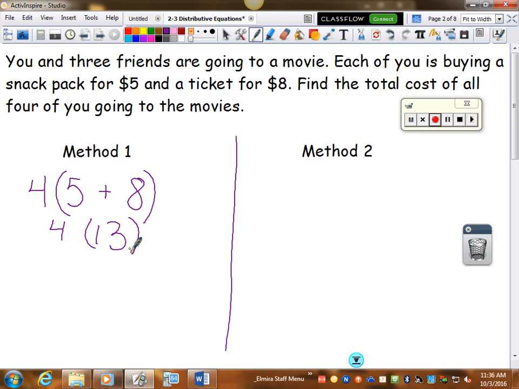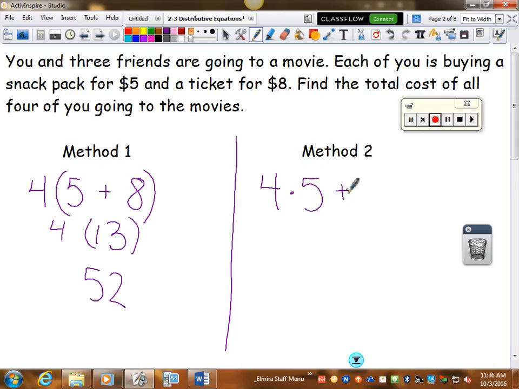So 4 times 13 is 52. So you add the 5 and the 8 together first, get 13, and then multiply that by 4 and get 52.